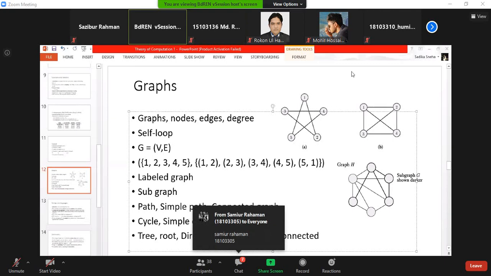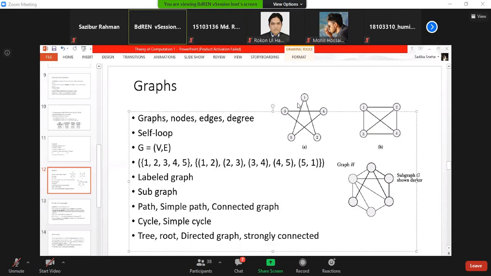The connecting lines, which connect one node to another, are known as edges.